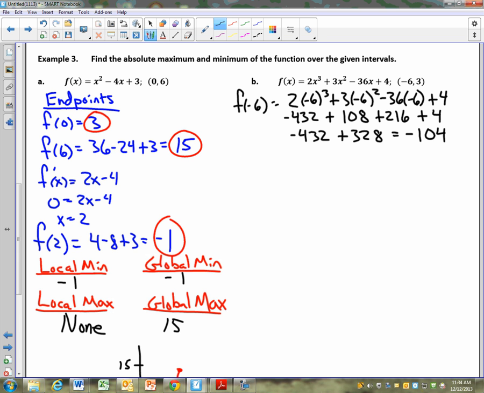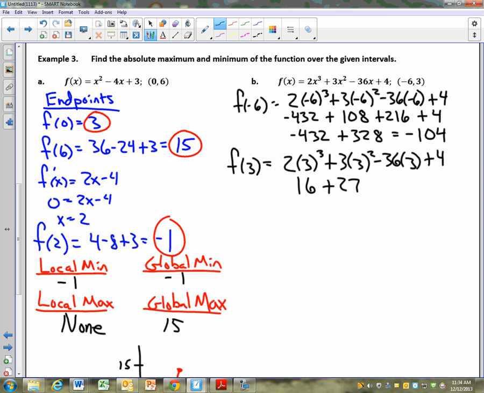Okay. Let's try f of 3. We get 2 times 3 to the third. That's 3 times 3 squared. That's 36 times 3. That's 4. 8 times 2 is 16. 9 times 3 is 27. 27 times 2, 54. Plus 9 times 3, 27.